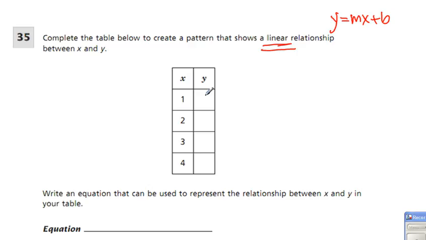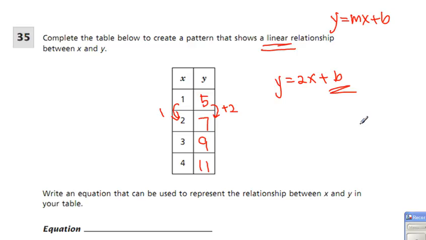So maybe let's start it off with maybe 5. And we'll just make them increase or decrease, it doesn't really matter, by 2. Then we're going to get something like this. How about that? Then, since this side is increasing by 2, while this one is increasing by 1, then we're going to have y equals 2x plus b.